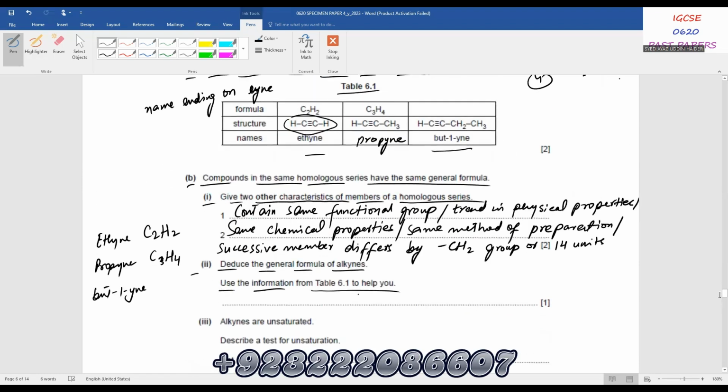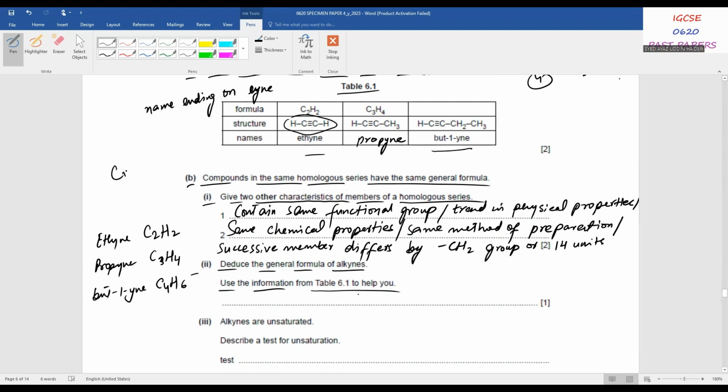Here's the formula. The third member is C4H6. Now, we know the general formula for alkane is CnH2n+2, and for alkene it's CnH2n.